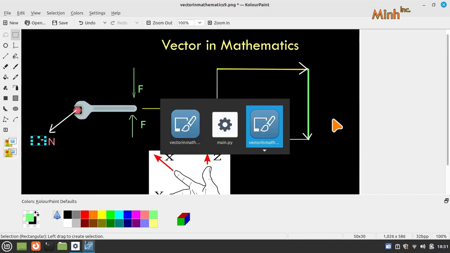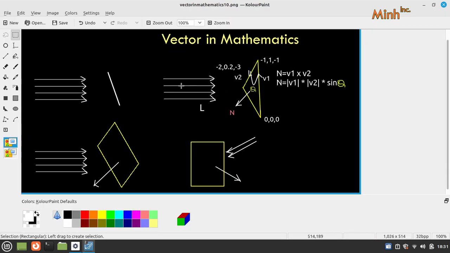Now n we have calculated, so that is calculated as L dot n, which would come as magnitude of L multiplied by magnitude of n into cos theta.